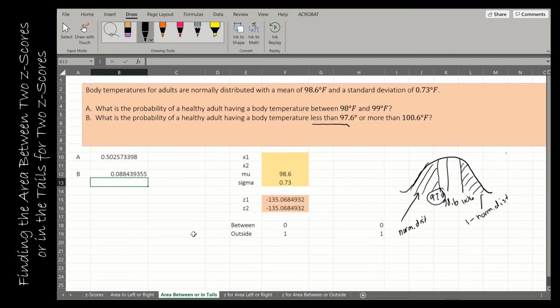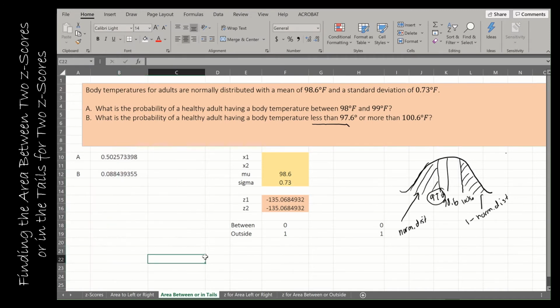But now let's take a look at how I could do this easier. So if I wanted to do this easier, I'm sorry, I'm a little OCD, I need them both to be centered. If I want to do this easier, notice I've already created a z-score formula, and for x1, this is going to be the bigger one. And it's better to know which one's bigger and which one's smaller. So if I'm doing question A, notice I've already set up a z-score formula for the bigger and for the smaller, and then I'm using the exact same functions that we just talked about.